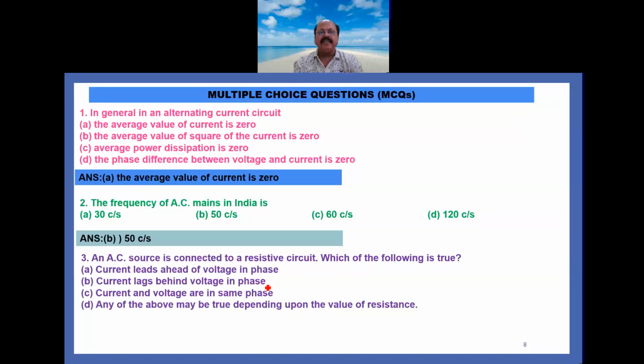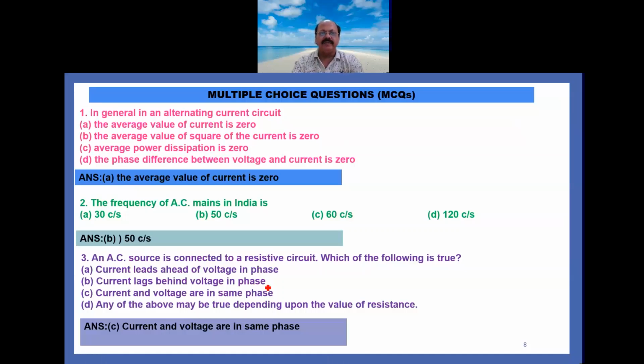A, current leads ahead of voltage in phase, B, current lags behind the voltage in phase, option C, current and voltage are in the same phase, D option, any of the above may be true depending upon the value of the resistance. So apply the concept which you learn. So answer C is correct. Current and voltage are in the same phase.